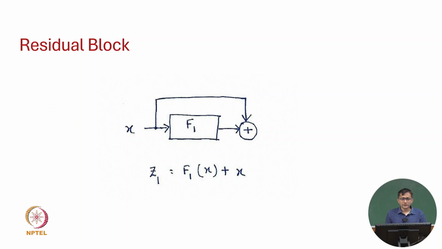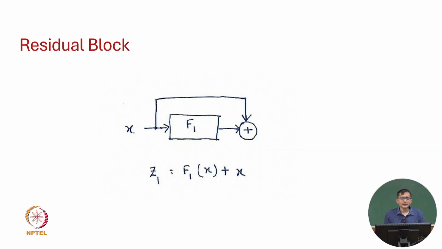So here, what we are seeing, we have our input X, and this is processed by the residual block F1, and we get an output.